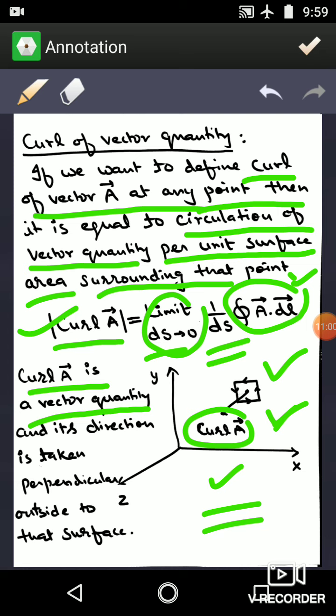Therefore, curl of A will have z direction. Okay, curl of A is a vector quantity and its direction is taken perpendicular, outside the surface. Okay, let us move on to the next page.